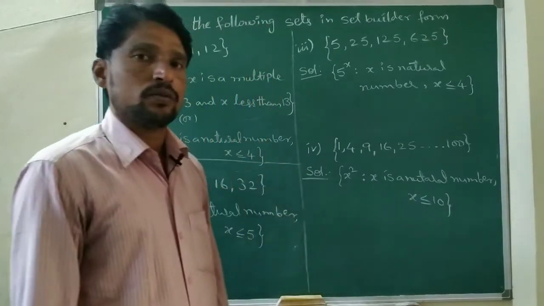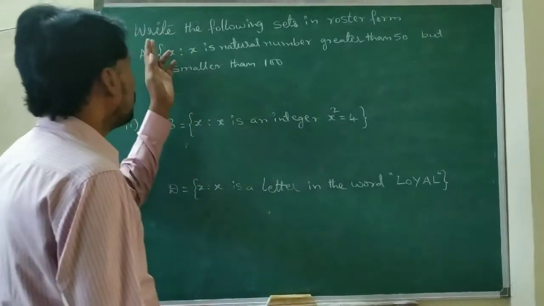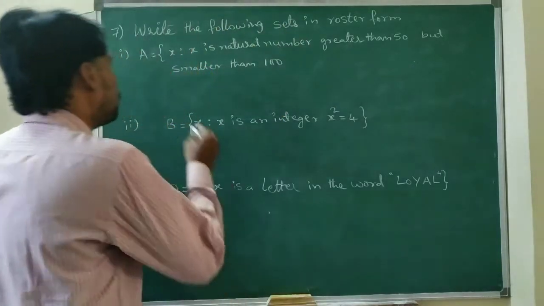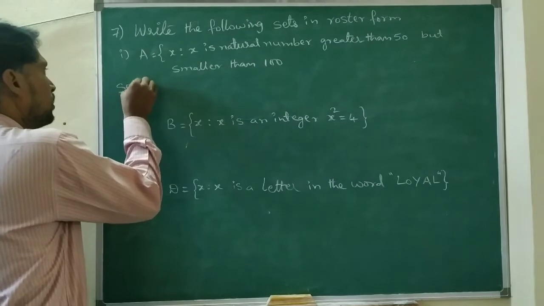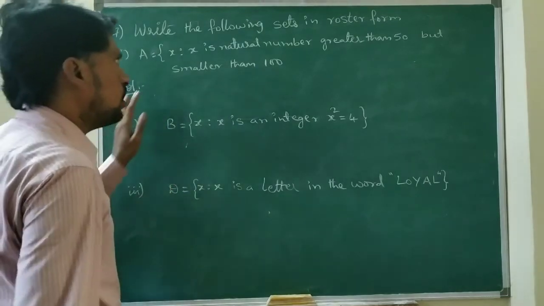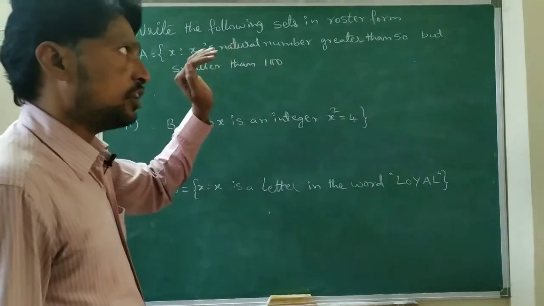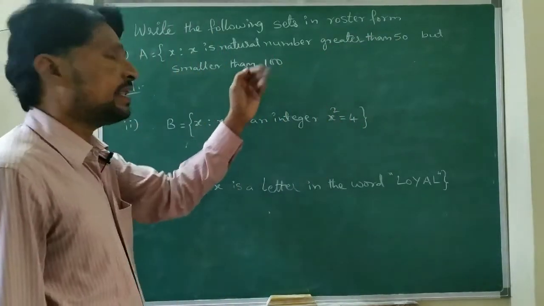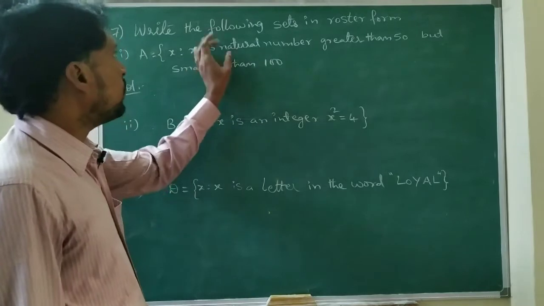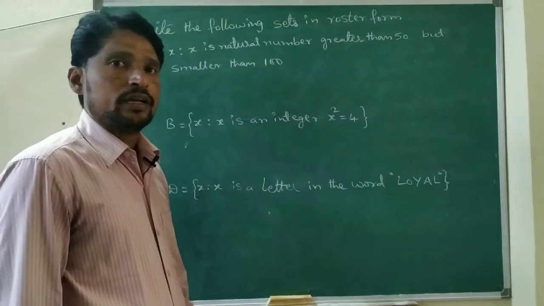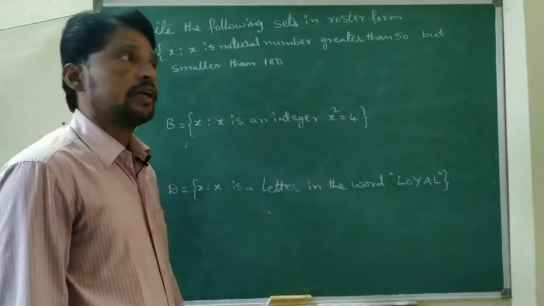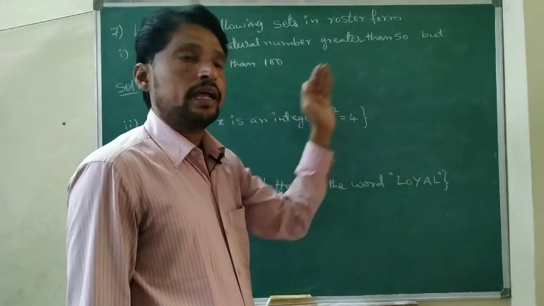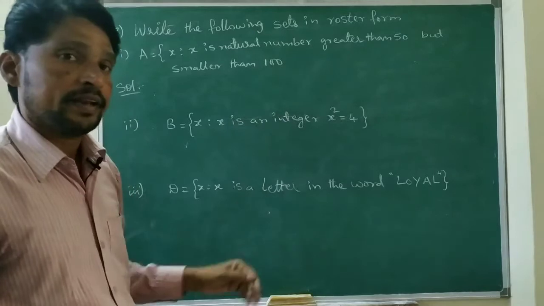Next one, it is the seventh problem: write the following sets in roster form. First question: A equals x such that x is a natural number greater than 50 and smaller than 100. What type of elements do we need to take? Natural numbers greater than 50 and smaller than 100.